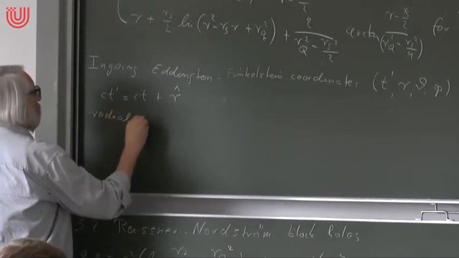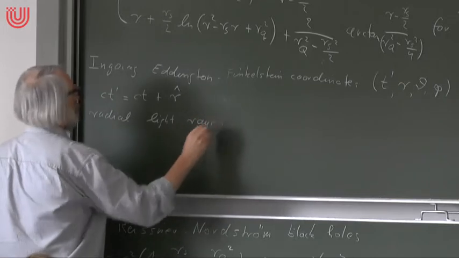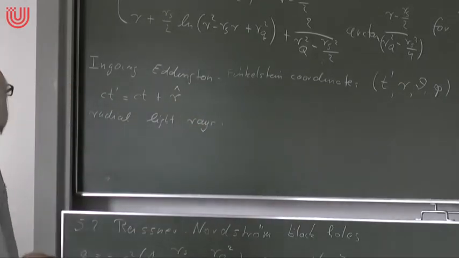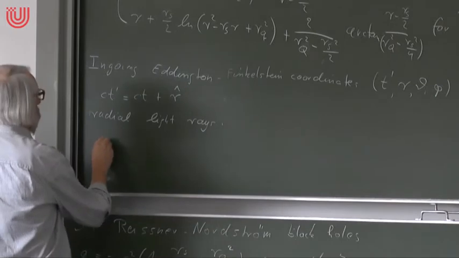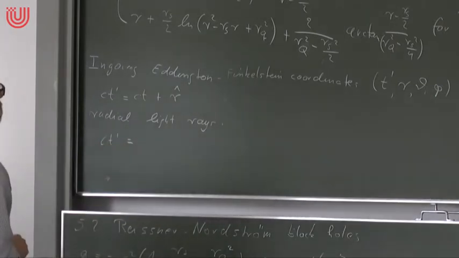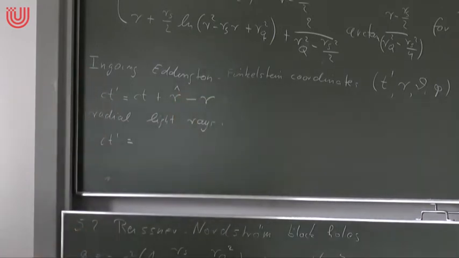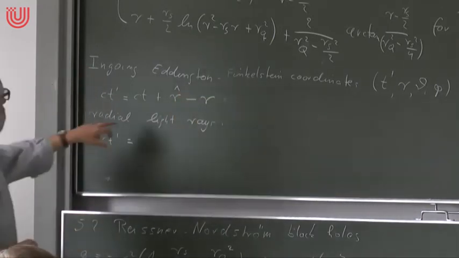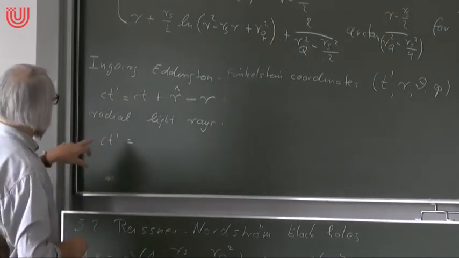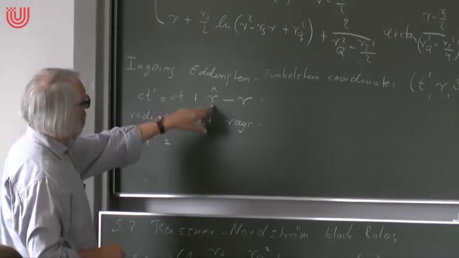Now I write down the radial light rays. So for the radial light rays, I get then ct prime. What am I doing? No, it was correct, with a minus r here. ct prime, for the ingoing light rays, plus ct is minus r hat.